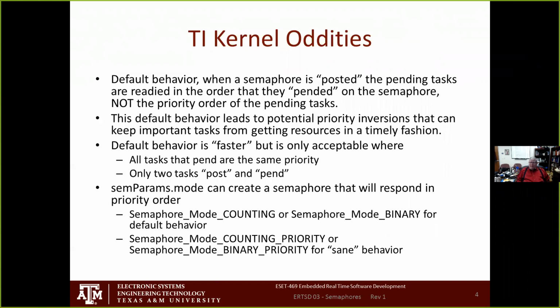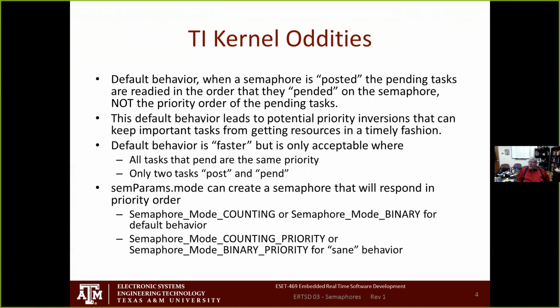Having said that, in general, you will not want your semaphores to operate this way. Fortunately, TI does allow you to change it so that it can operate semaphores on a priority basis.